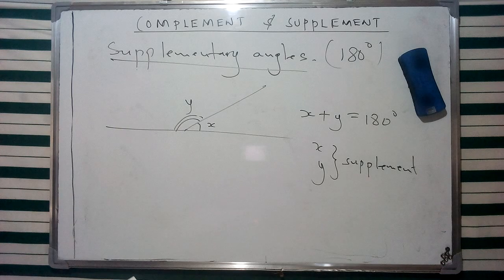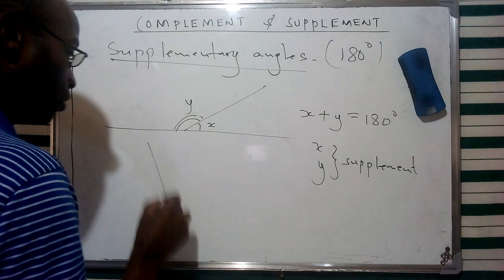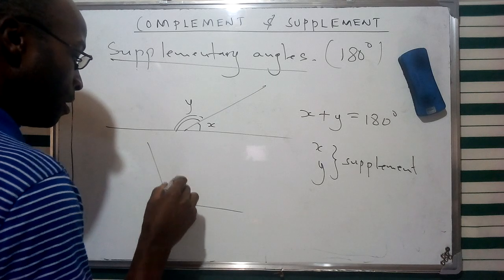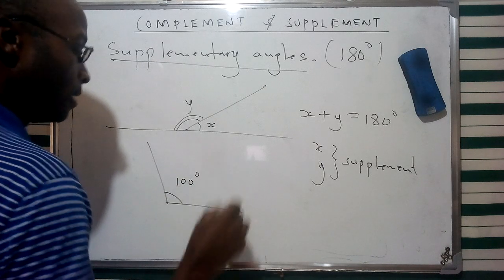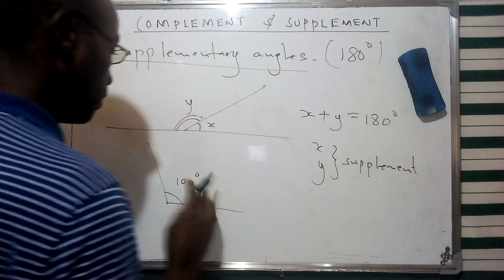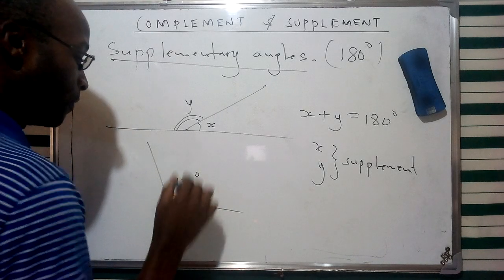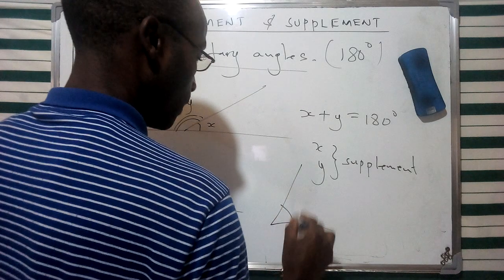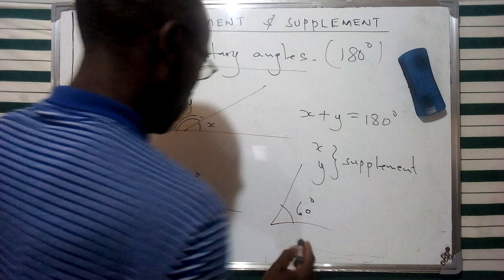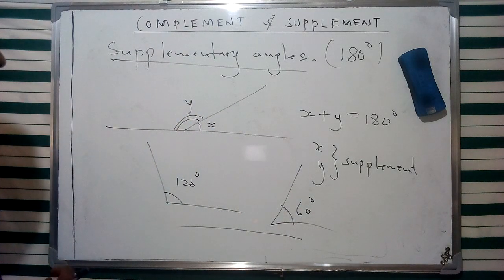As I've mentioned, they do not need to be together. If I have an angle of, perhaps, an obtuse 100 degrees, or 120 degrees, I can have another one of 60 degrees, which is a supplementary angle to this one.